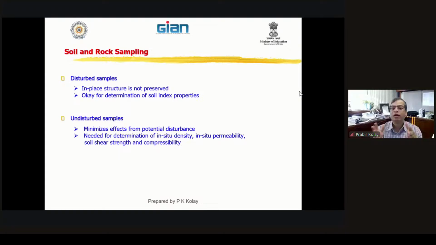That's why in a disturbed sample the fabric arrangement is disturbed, and most of the time we need an undisturbed sample to measure permeability. Just for example, you go to the site and do the permeability test for a better representation of the permeability value.